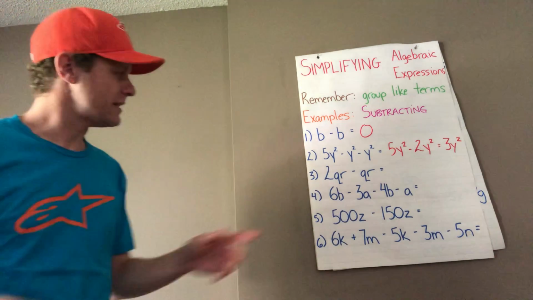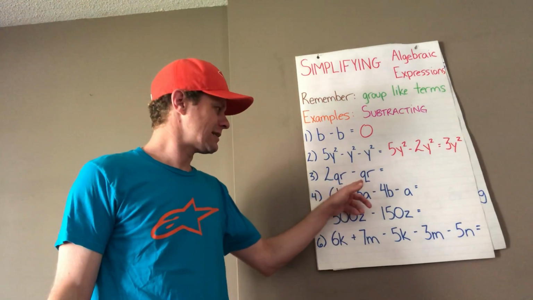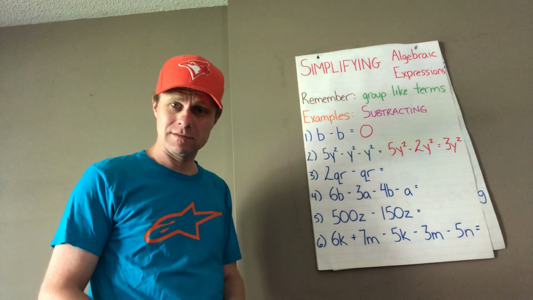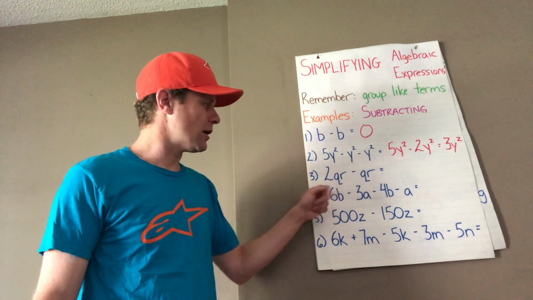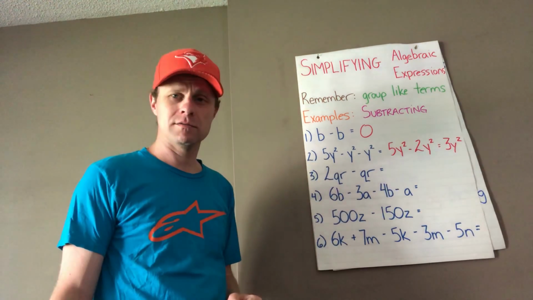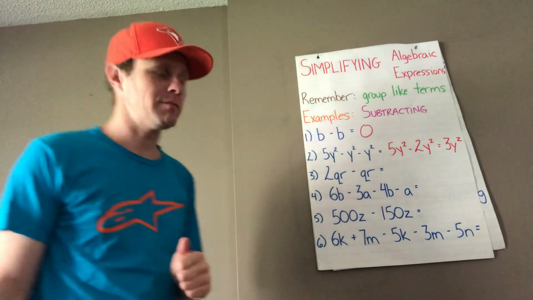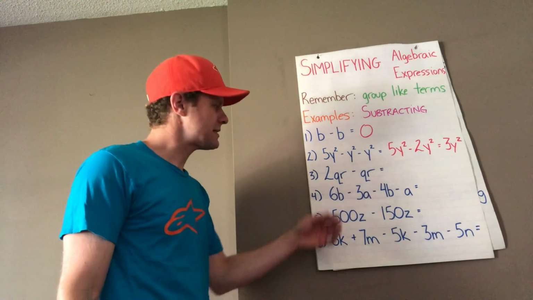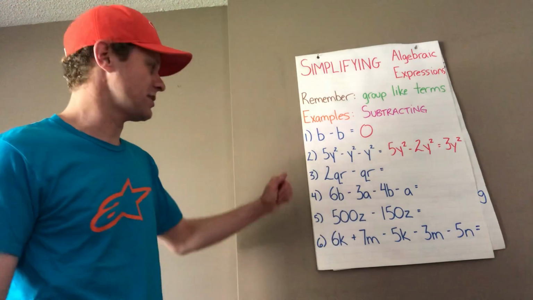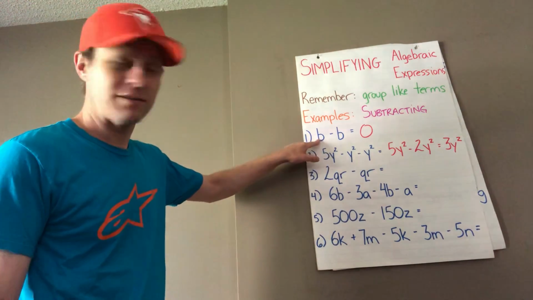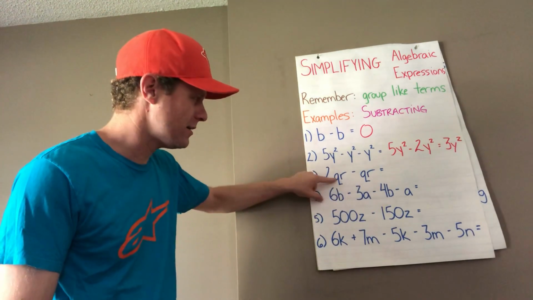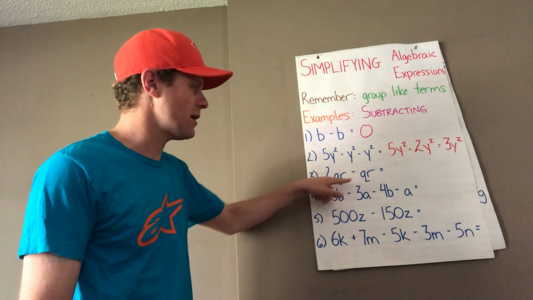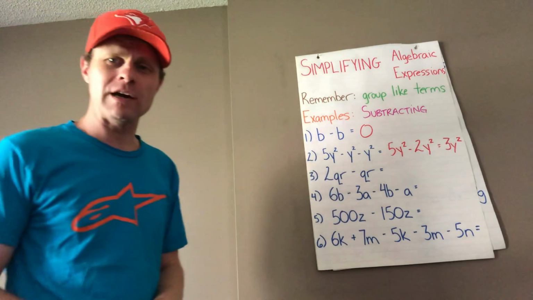Now, this one has 2 letters in it. 2QR, QR. 2 letters is the variable. Is that okay? Yes. It's the same thing, essentially, as having 1. So if we have 2QR, and we're going to remove or find the difference between that 2QR and this QR, what have we got left with?